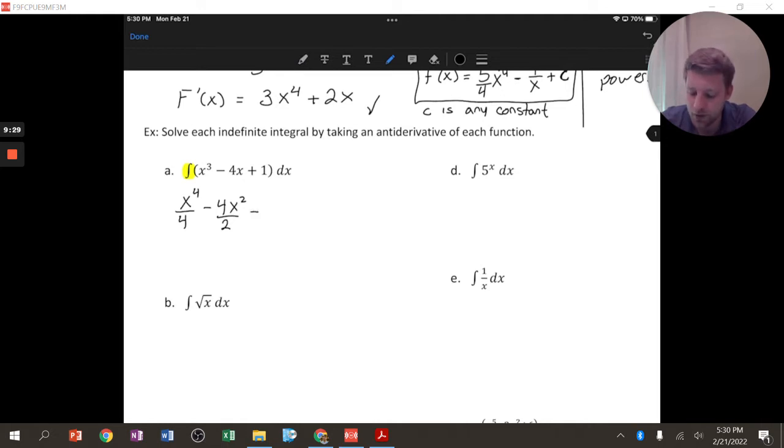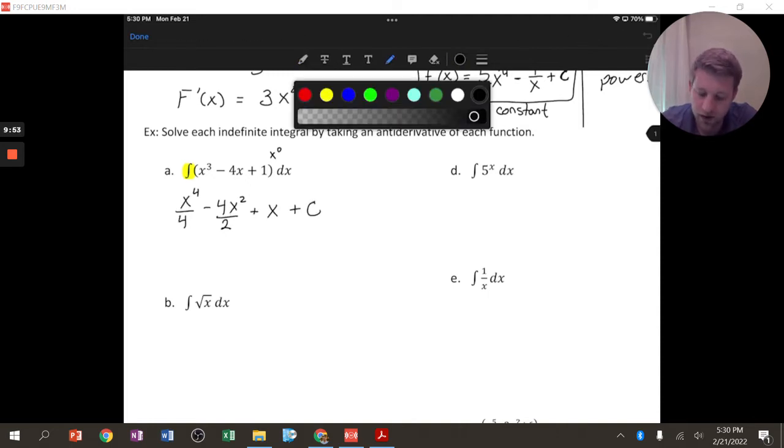And then finally plus 1 here. Well, we really can imagine that there's like an x to the 0 sitting there. There's no x terms there, but if we added 1 power to the x, we'd simply just get 1 times x. And then we can finish this off with a plus c.